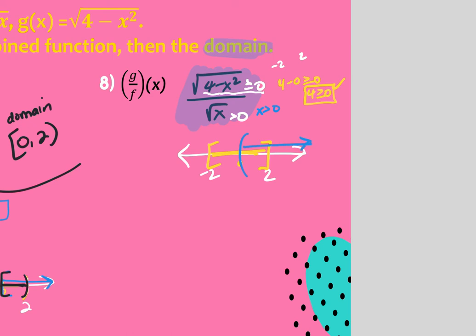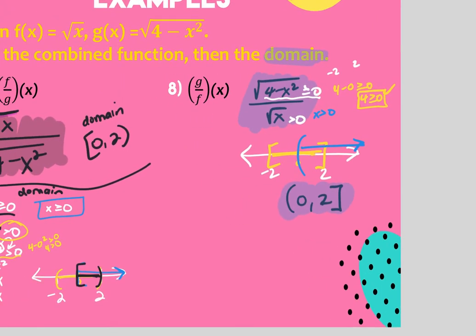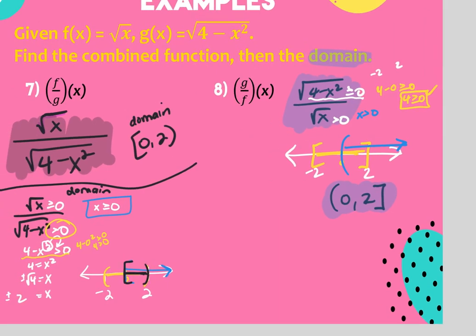And the overlap this time is from 0 to 2, but a parentheses on the 0 and a bracket on the 2. So the only difference between these two was the parentheses and the bracket because of where that expression lied, in the top or in the bottom.